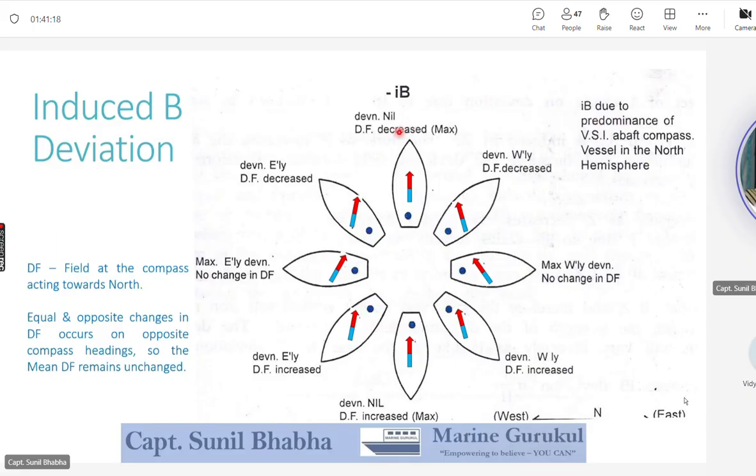So whenever the ship is on a northerly component heading, northeast, north or northwest, the directive force is reduced because this funnel's blue pole is southward of the compass, reducing the directive force. Whereas when the ship is on a southerly component heading, southeast, south, or southwest, the directive force is increased because the blue pole of the funnel is north of the compass needle.